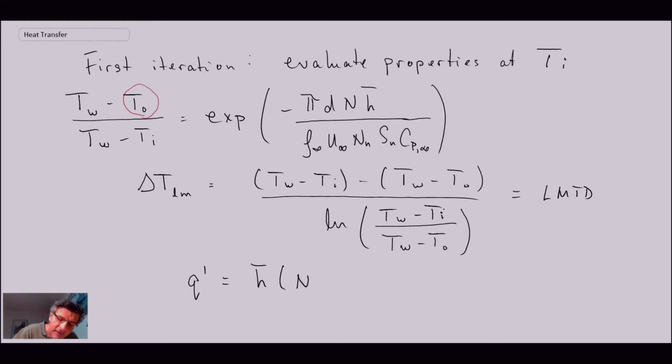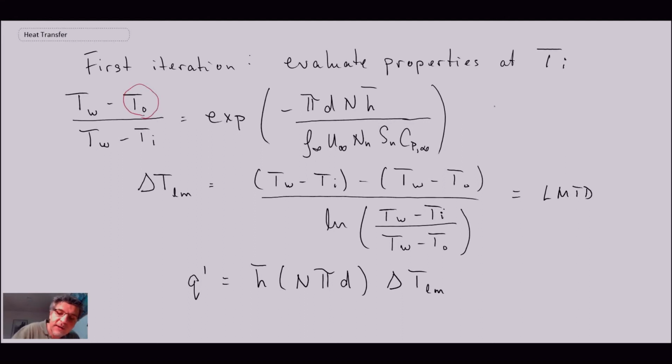That's going to be the total number of tubes times pi times d, so the circumference. And then you'd normally multiply it by the length of the tube bundle itself, but we've brought that over to the left-hand side of the equation, to give us heat transfer per unit length, or watts per meter. And then we will have delta T Lm for the log mean temperature difference.